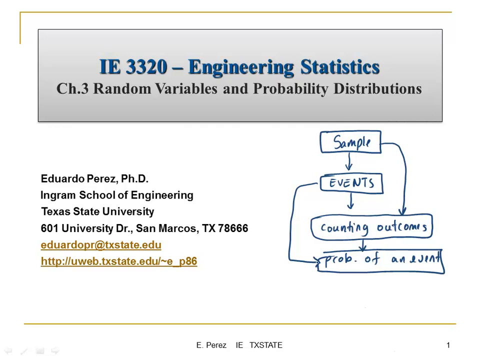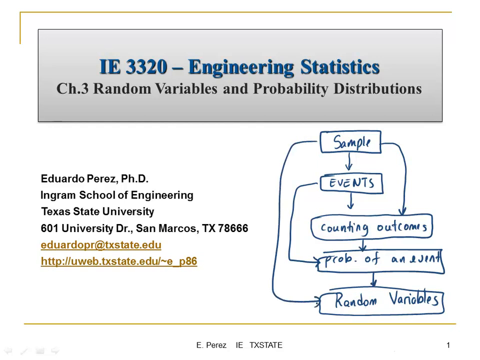And finally, what we're going to be learning today is random variables. So for random variables, you need to know probability, and also you need to know what a sample is.